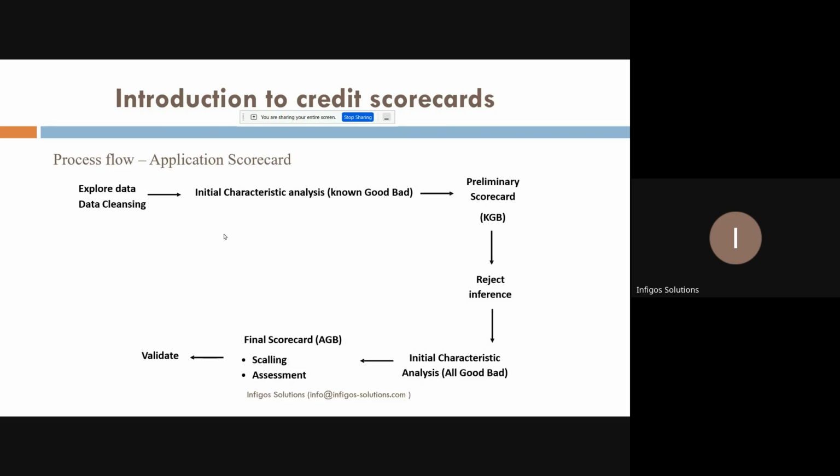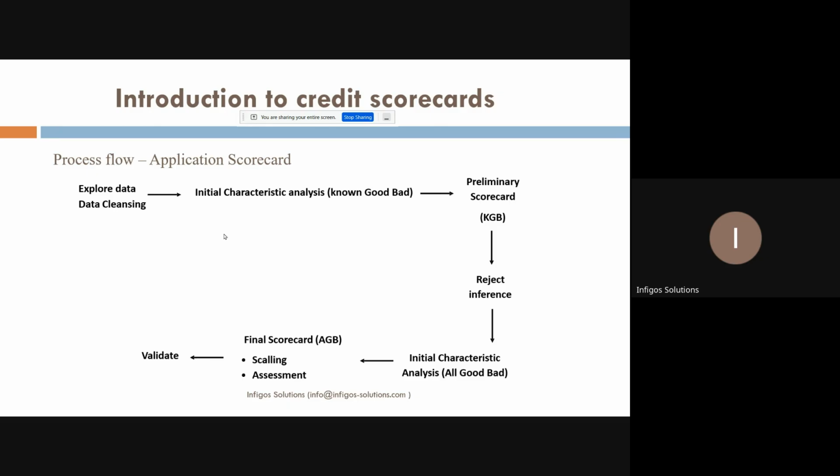Okay. So what happens in this situation is, through the door population is where customers come, and some are rejected by you. Once you reject them, you have their data, but you don't know what they would have done, whether they would have defaulted or they would have basically stayed good.